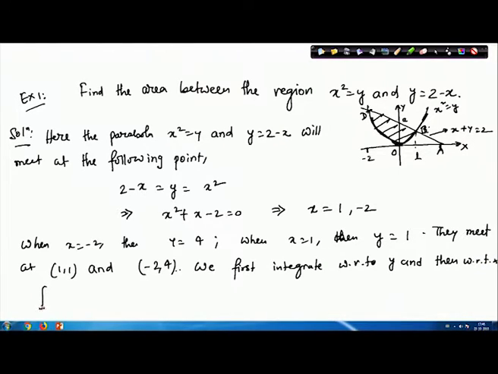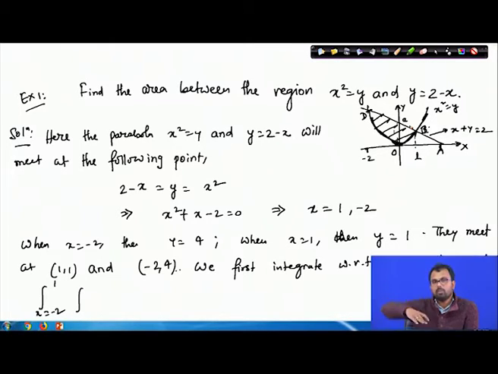If we integrate with respect to x later, then in that case x will vary from minus 2 to 1, and for y, the area is bounded between these two curves. For these two curves, x is varying from minus 2 to 1, all right. So that's the range for x, and y is varying between these two curves. So it is above the parabola, below the straight line.